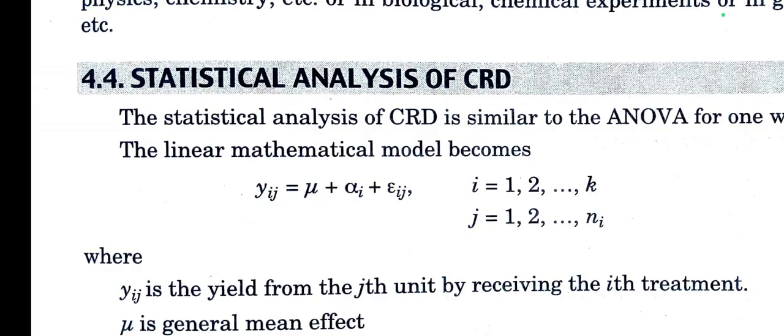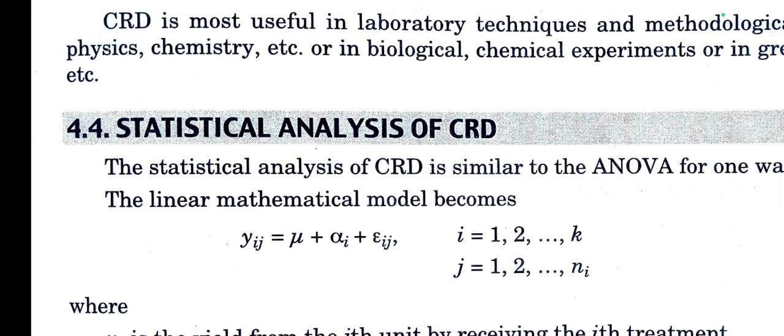These are the applications which you can see. We can apply it in physics, chemistry, biological and chemical experiments, and clinical trials. Whether the results are accurate, whether they are the same or not, we can test by using this completely randomized design, CRD.